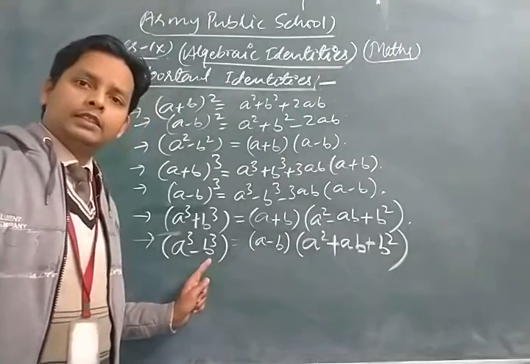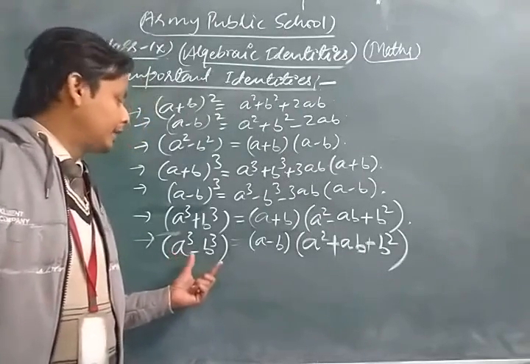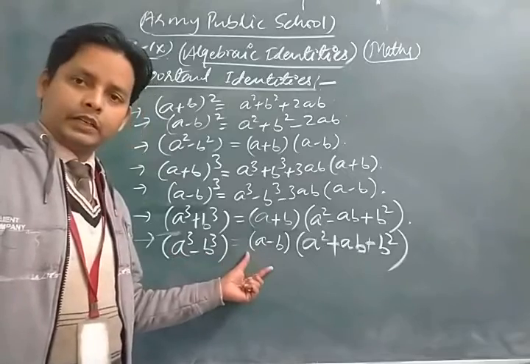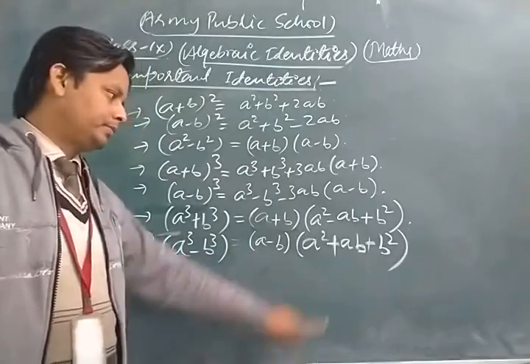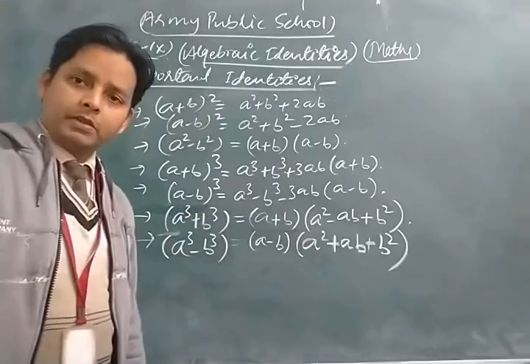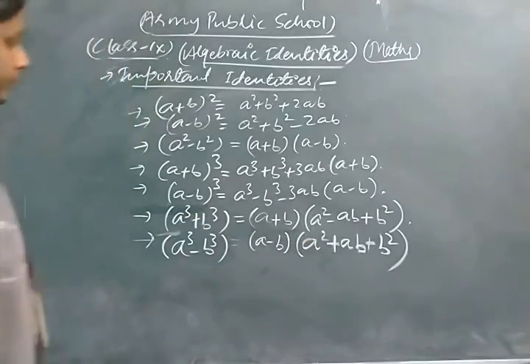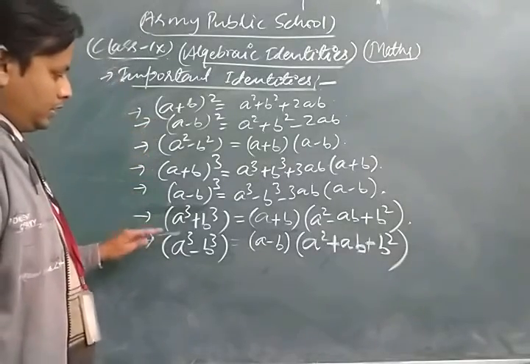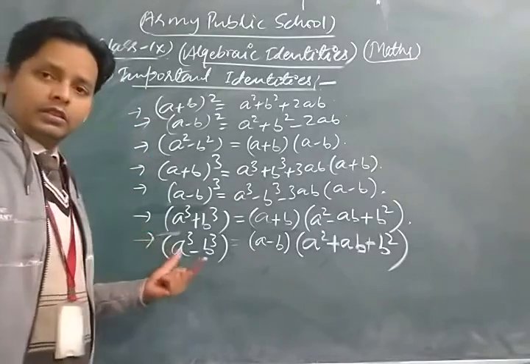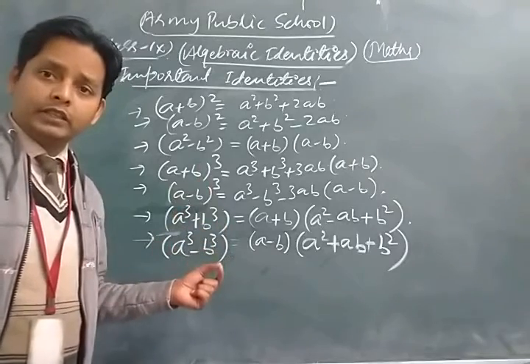This is the identity for A cube minus B cube, that is A minus B in one bracket and in another bracket A square plus AB plus B square. All these are very important algebraic identities.